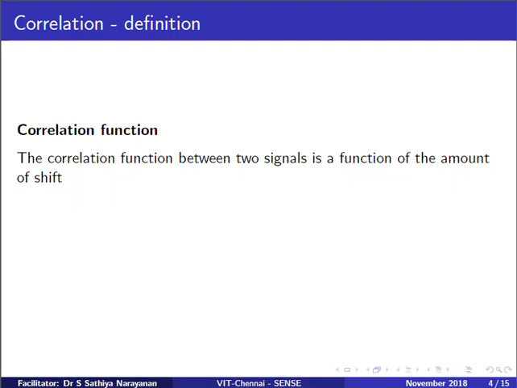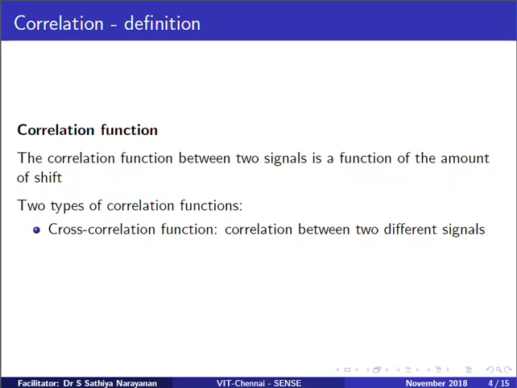In other words, after solving some examples in cross correlation and autocorrelation, we would be in a better shape to understand this definition. So for time being, let's move on to the two types of correlation function.